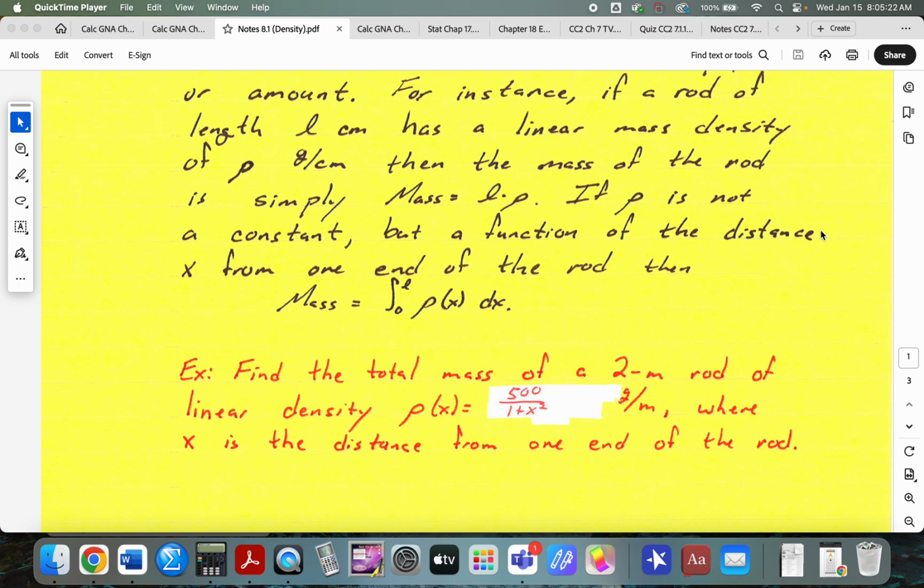If rho is not a constant, but a function of the distance from one end of the rod to the other, so think of perhaps this rod is thick on one end and gets thinner on the other end, right? Then what we can do to find the mass is take the integral from 0 to L of the density.